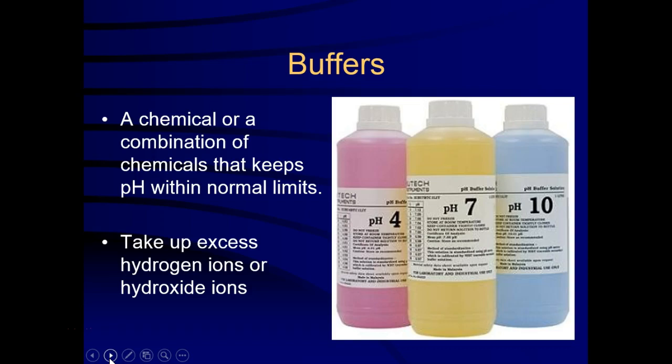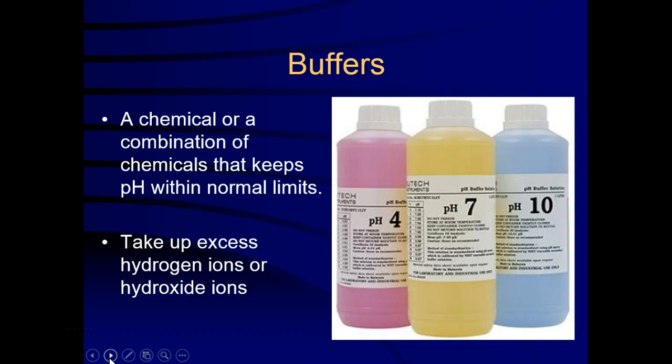How a buffer works is that when it's exposed to an acid, usually a buffer is a combination of two things. It has a weak acid and a weak base. Oftentimes it'll be an acid and what we call a conjugate base, basically the same thing, but with fewer hydrogen ions. So it has these two molecules, a base and an acid.